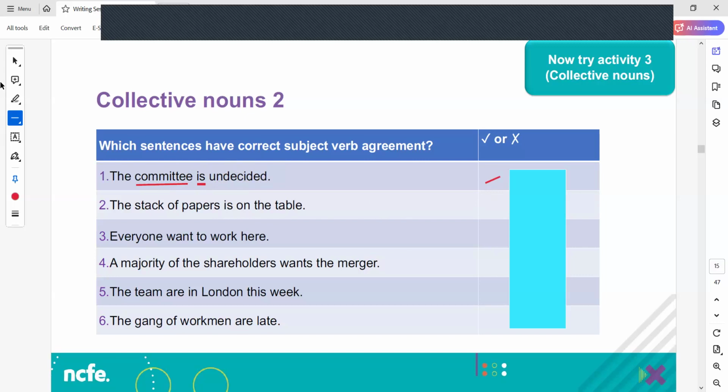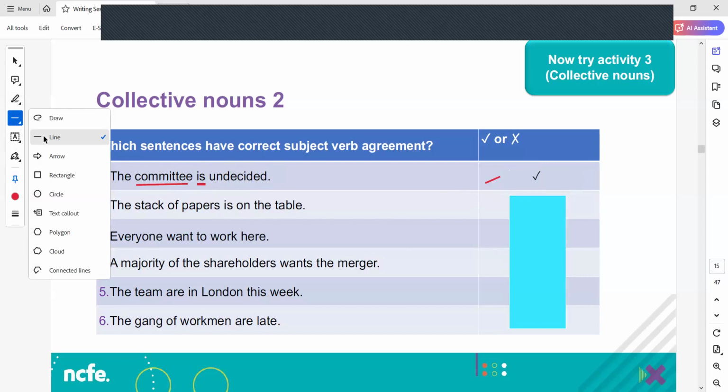The stack of papers is on the table. So what's our subject in that sentence? The stack of papers is on the table. What's the subject? The paper. Yeah, good.